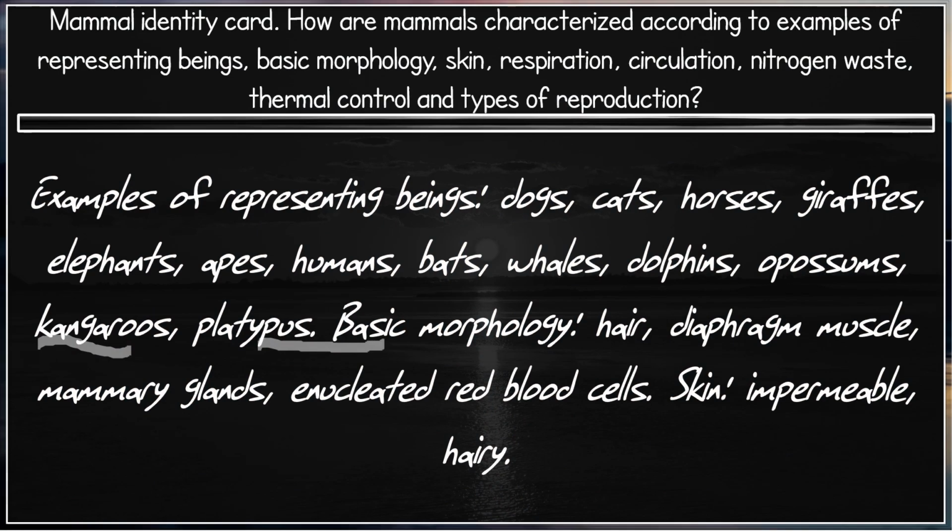Examples of representing beings: we have dogs, cats, horses, giraffes, elephants, apes, humans, bats, whales, dolphins, opossums, kangaroos, platypus. Basic morphology: they have hair, they have a diaphragm muscle, they have mammary glands, enucleated red blood cells, and the skin is impermeable and hairy.